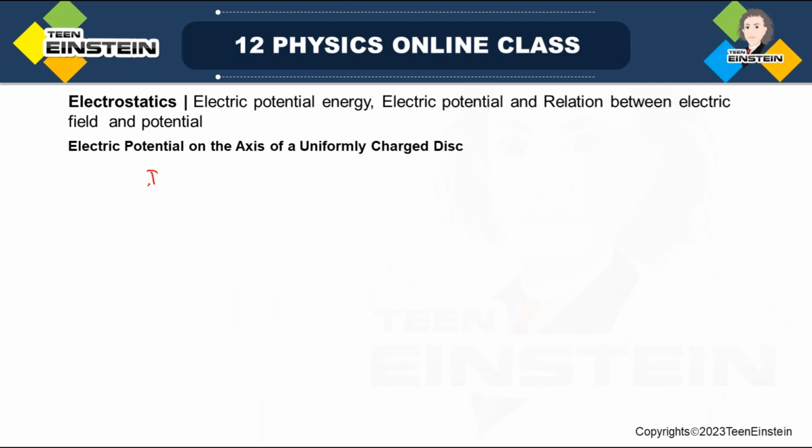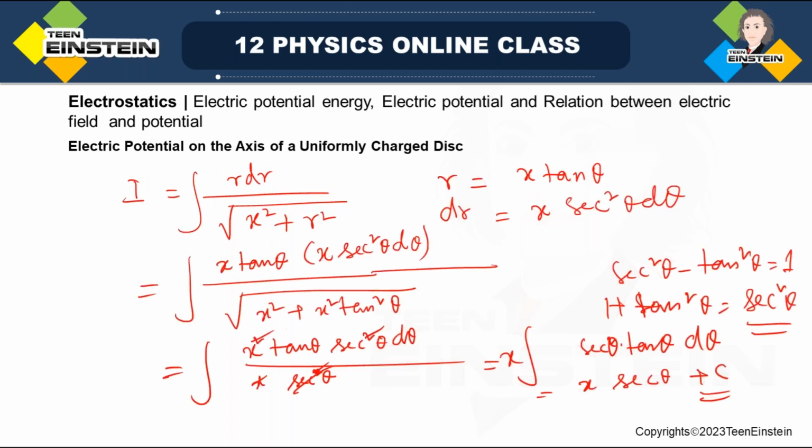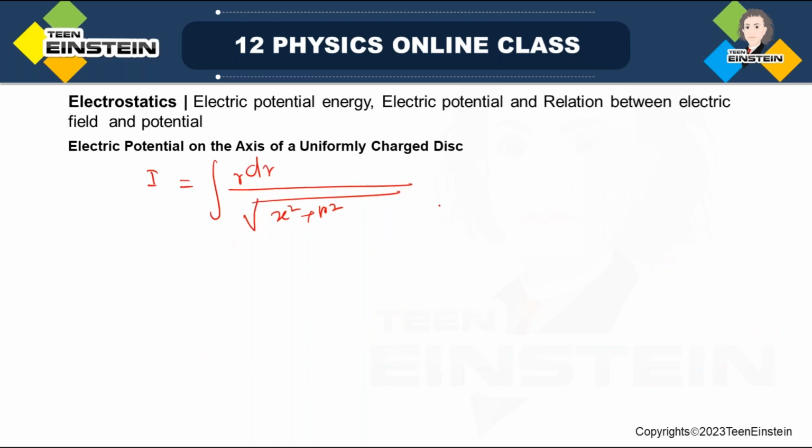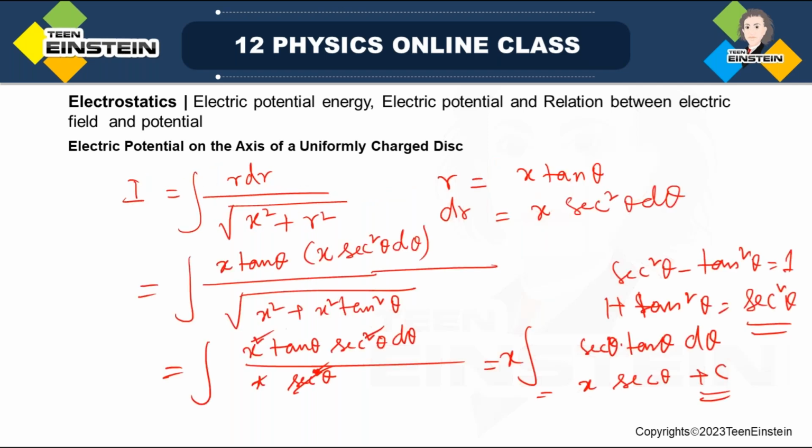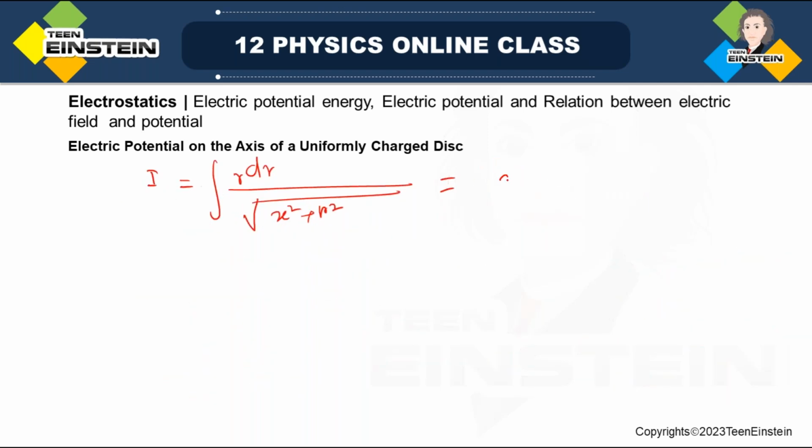So we had r dr, and this we have got as x into sec theta, plus some integration constant.